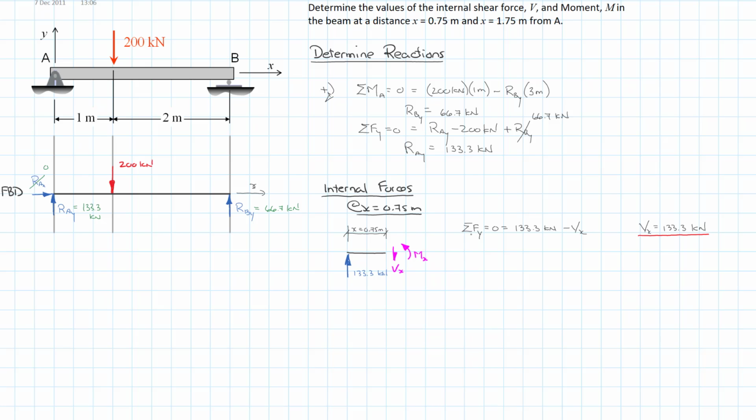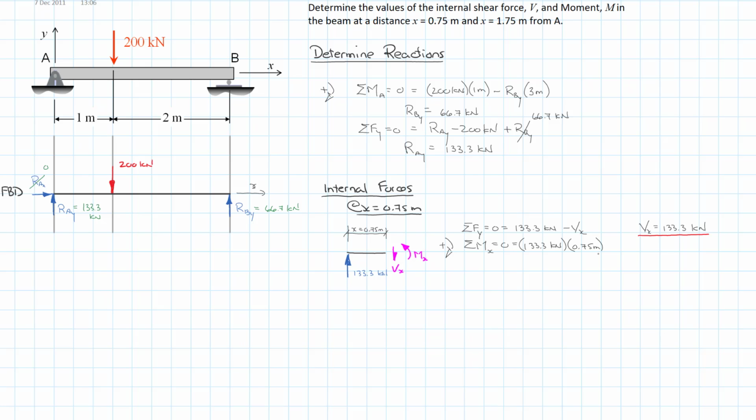And then to finish that off, we'll do the sum of the moments, and we can choose where to do our moments about. In this case, I'm going to choose the moments about x equals 0. Again, I will use clockwise as positive. So about x, we have the 133.3 kilonewtons multiplied by a moment arm of 0.75 meters.